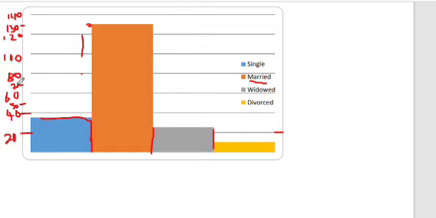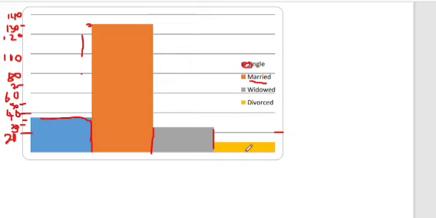So the next one is 35. If midway of this is 30, then I just use this one to add a little bit of it to become what? 35 for single. That's why you see that single is blue here. Then widowed is 25.